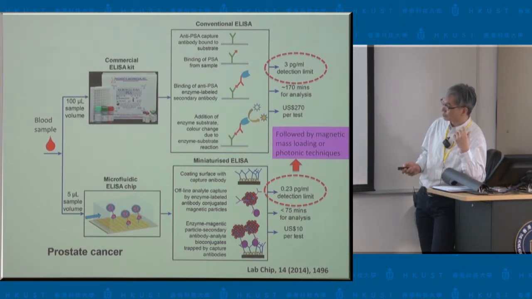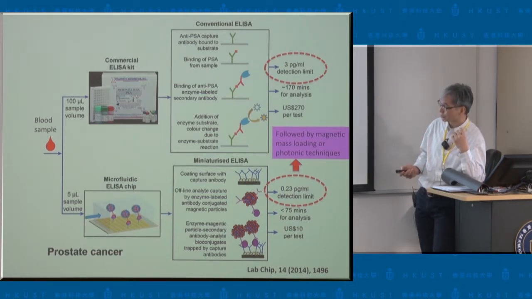And now, for $10, you use nanoparticles of magnetic ferromagnetic oxides. And then they are basically attached to a binder. In fact, the target molecule is the center one. The presence of the target molecule will actually bind both the surface as well as the mass loading, if you like, magnetic beads.